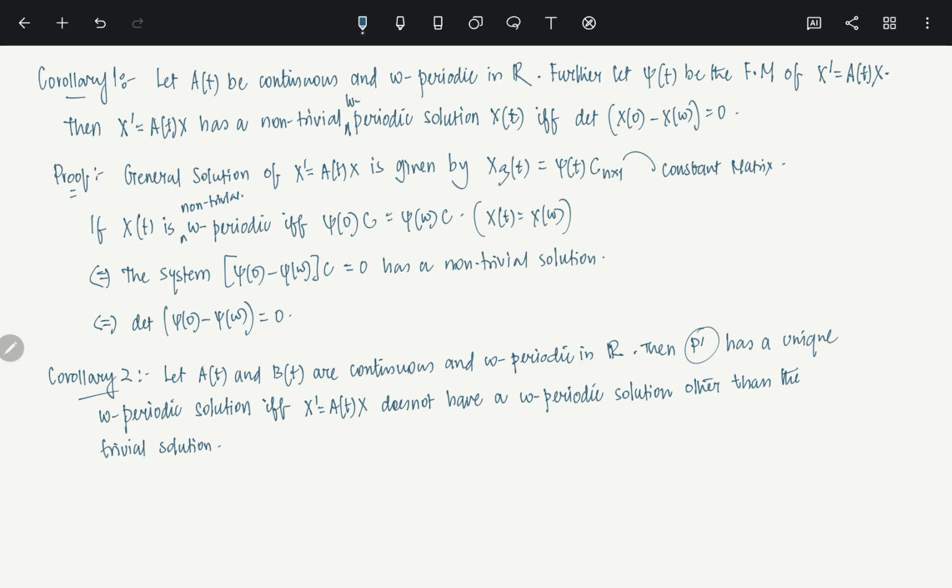What you can actually prove is an if and only if condition: the homogeneous system always has the trivial solution, which is W periodic, so that's not a problem. But if it does not have a non-trivial W periodic solution, then the inhomogeneous problem has a unique W periodic solution.